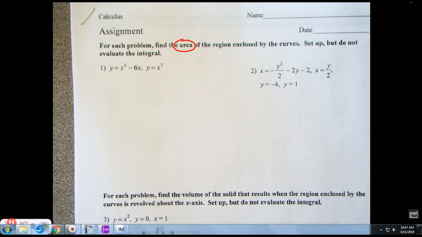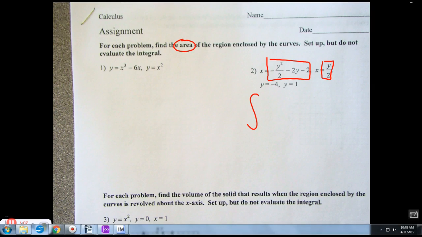I want to do it in terms of y's because these are solved for x in terms of y. And I can't flip that around. I couldn't solve that equation for y to put it in terms of x. It wouldn't work. So if I'm doing it in terms of y's, this is where you got to keep these straight. When I do my integral, is this going to be the left and the right or the bottom and the top?